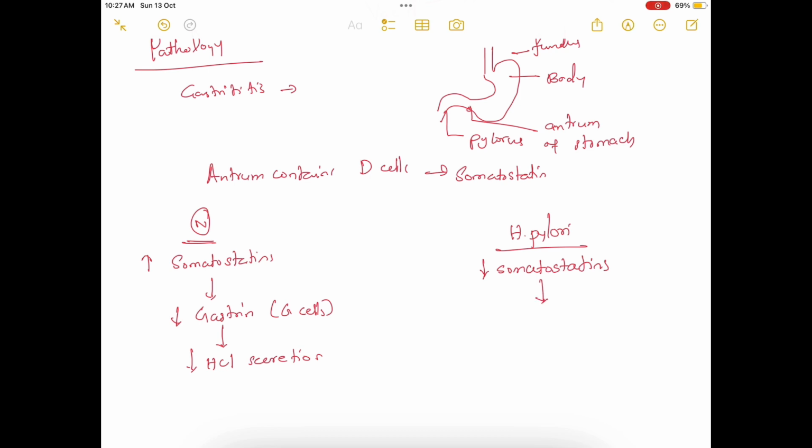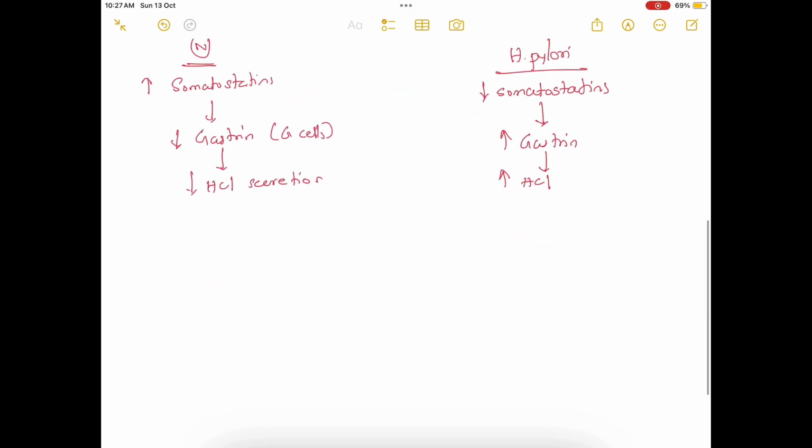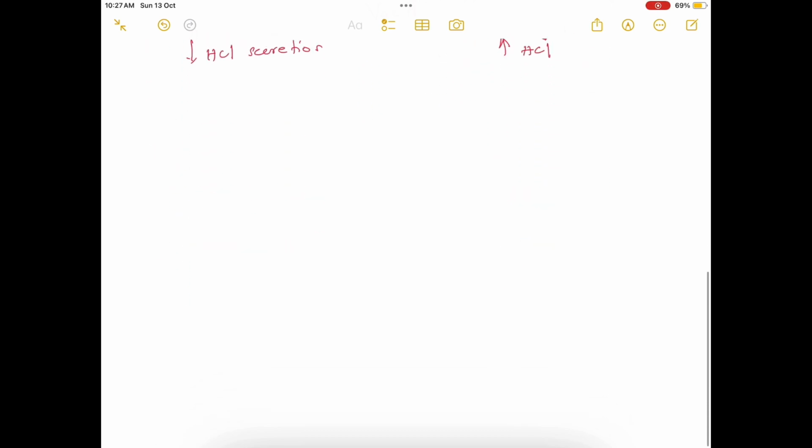So gastrin, nobody is there to inhibit gastrin, so there will be increased gastrin. There will be increased gastrin level, which is called hypergastrinemia. Next, due to this, there will be increased HCl secretion. That means there will be more acid in the stomach that will cause all the problems.